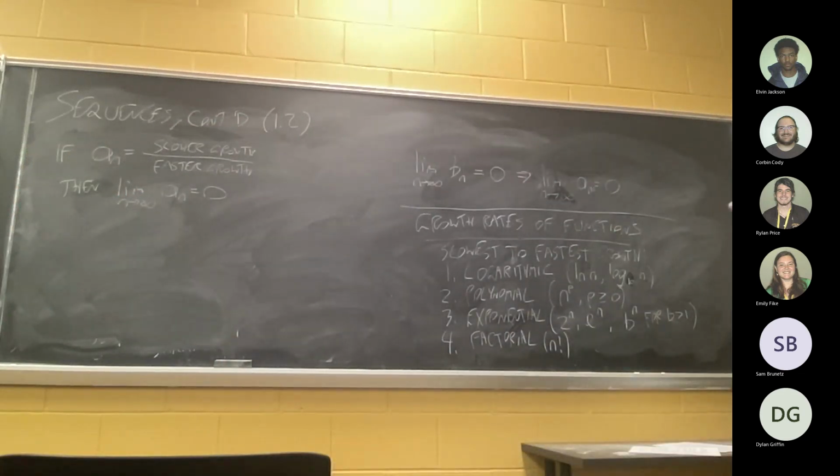If I put something like this on a test, for example, like the example we saw earlier, n squared over e to the n, you can just indicate, by growth rates, the limit is 0. You wouldn't have to do any other work.